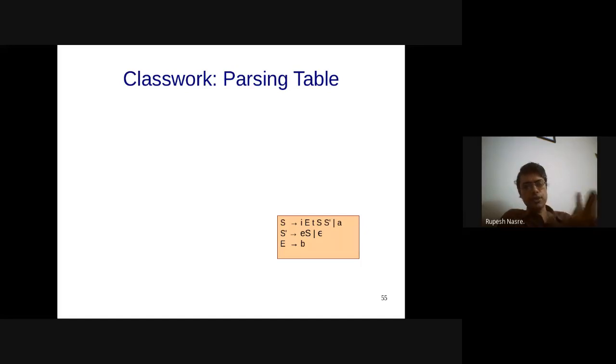Although the procedure that we have seen can as well be utilized for LLK, for now we are concerned only about LL1. So let's do that for this particular grammar, where the starting symbol is capital S, and that derives i E t S S prime, where small i, small t, small a, e, b, epsilon are all terminals, and capital ones are the non-terminals. So what should be the first step?